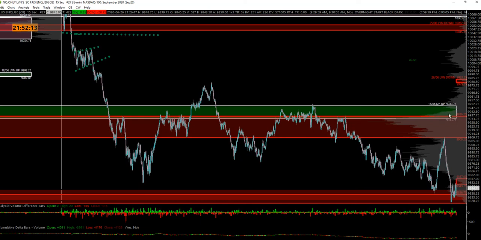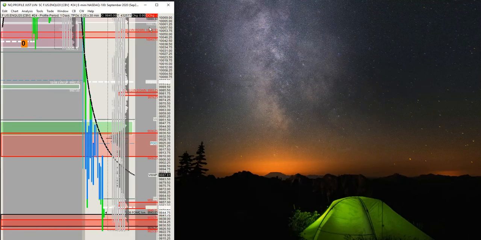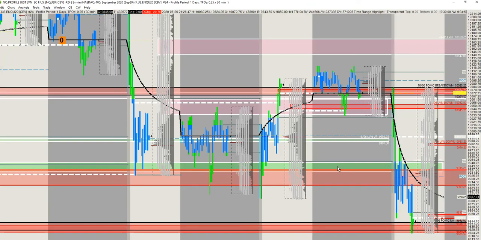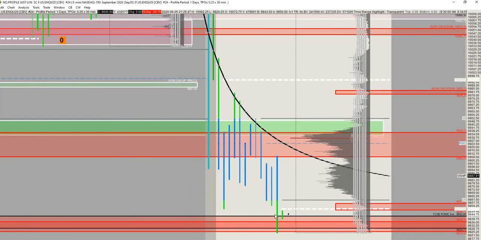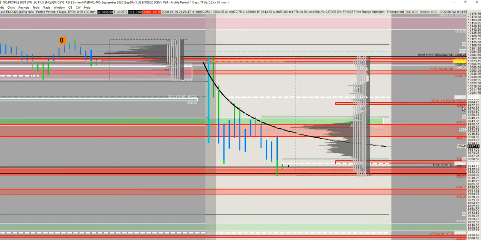I put these low volume nodes for next week in my market profile because I know that these areas will most likely be very important to monitor going forward. So I think I should just cut this one here, maybe just keep it for now.